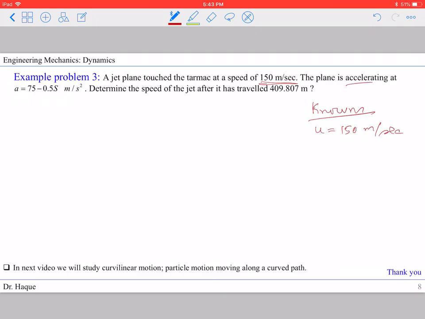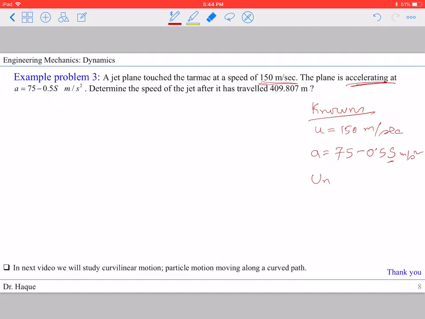The plane is accelerating at an acceleration equal to 75 minus 0.5 s, where s is displacement in meter, and the unit is meter per second squared. These are the two knowns.